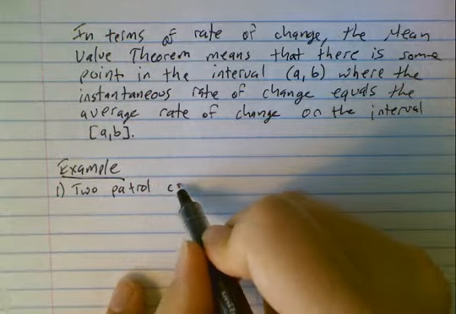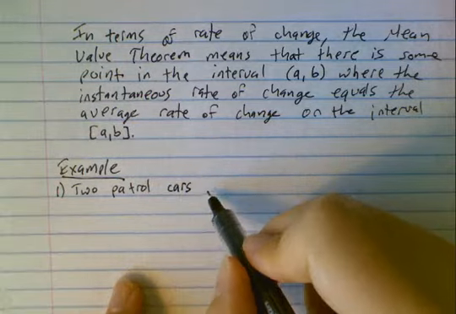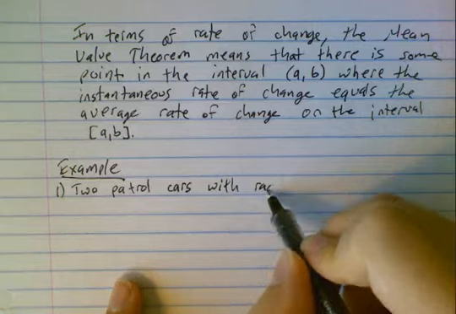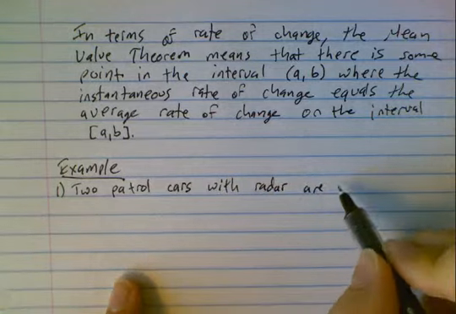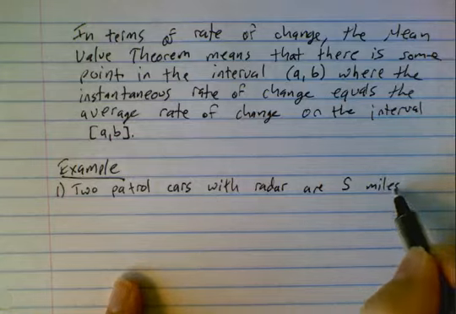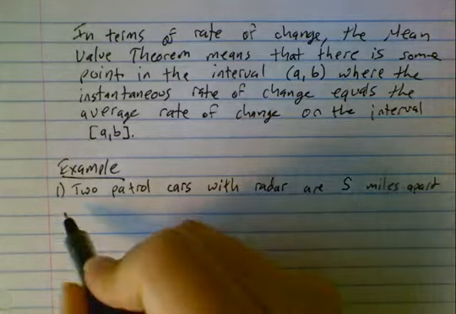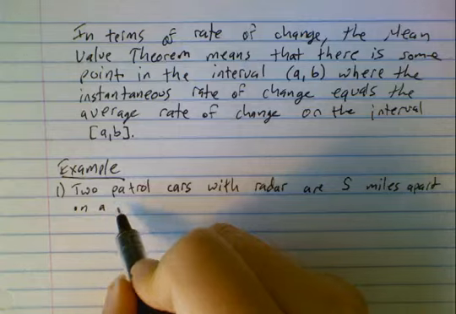Two patrol cars, so this is like highway patrol, with radar are 5 miles apart on a highway.